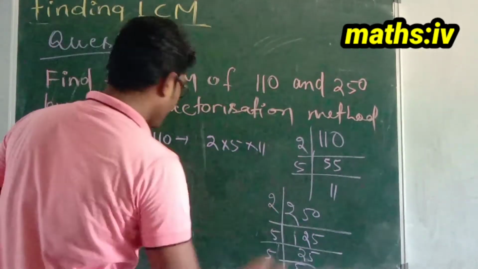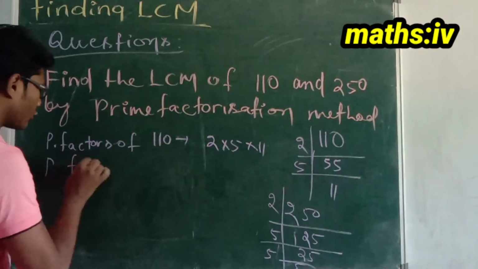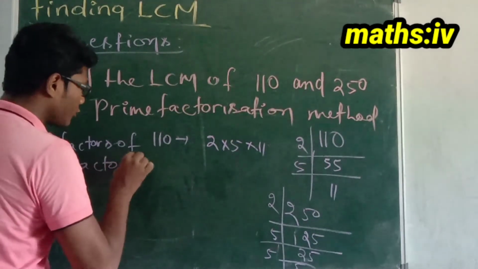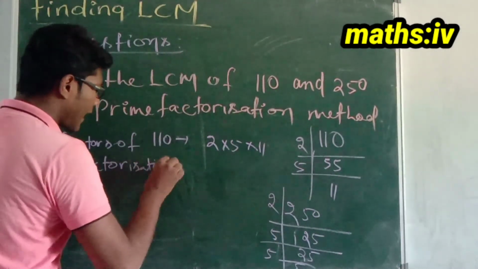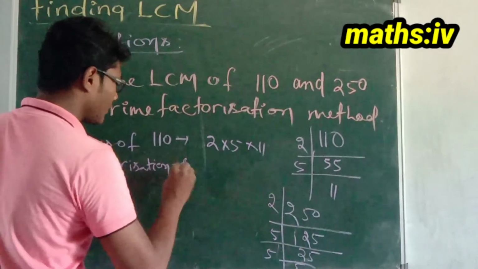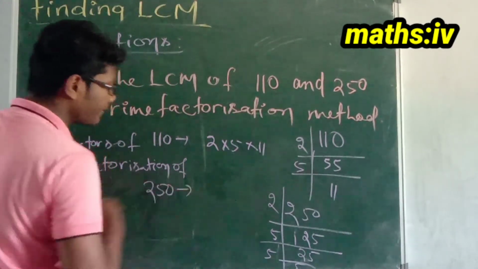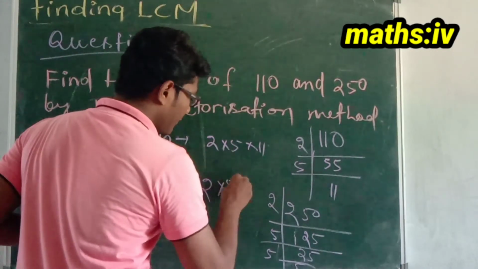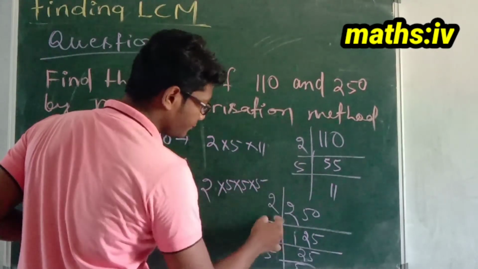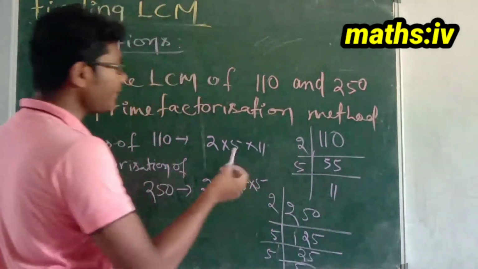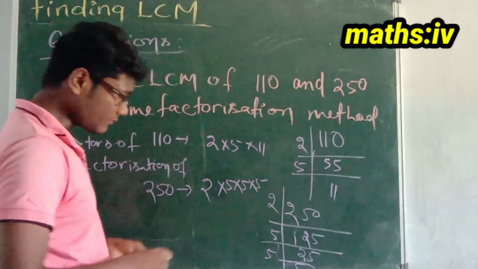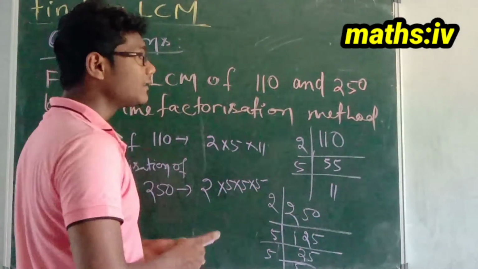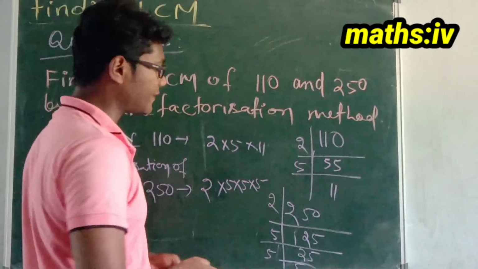Clear? So we can say that the prime factorization of 250 is 2 multiplied by 5 multiplied by 5 multiplied by 5. You can see 2 5s are 10, 10 5s are 50, 50 5s are 250. Clear?